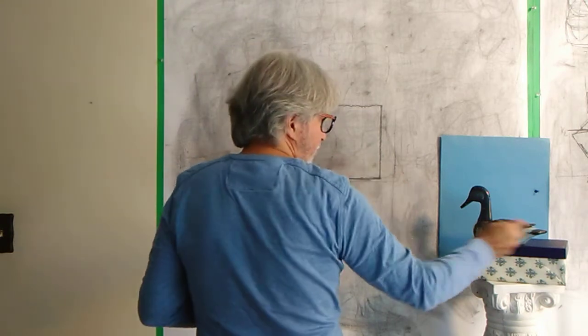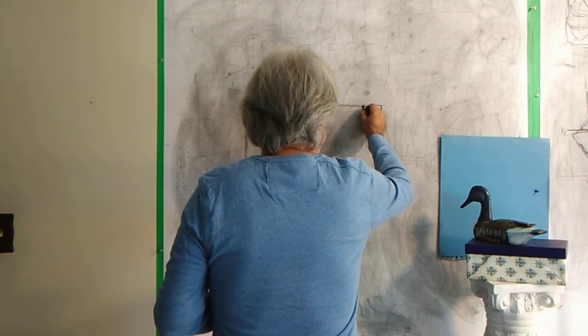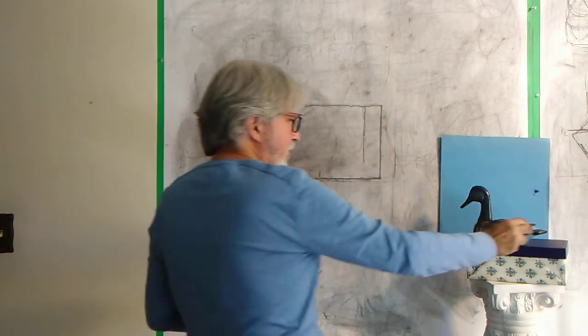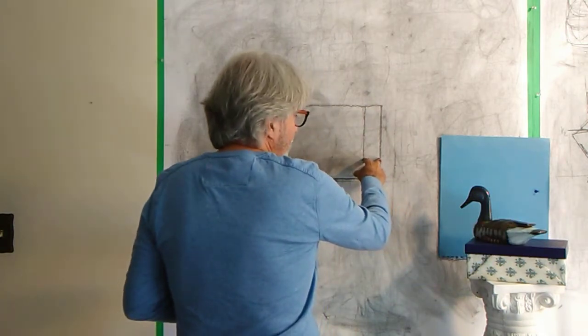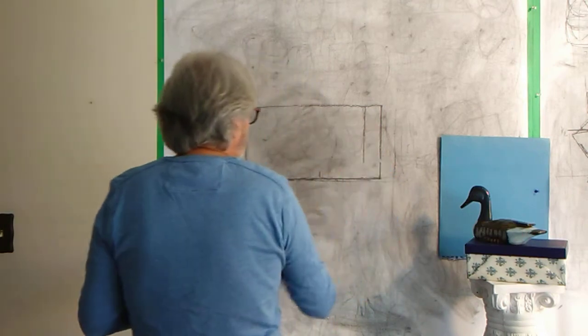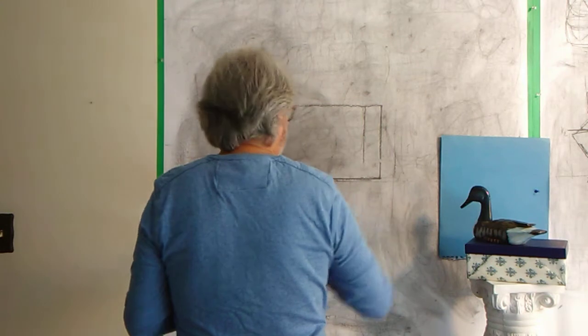So I'm going to guess at that distance again, and I'm going to say it's here. If you're not sure of something and you think maybe this is too big, too short, I'm erring on being a little too big rather than too short. I could have made it smaller. But now I know I could divide this in thirds, and I've got that measurement.